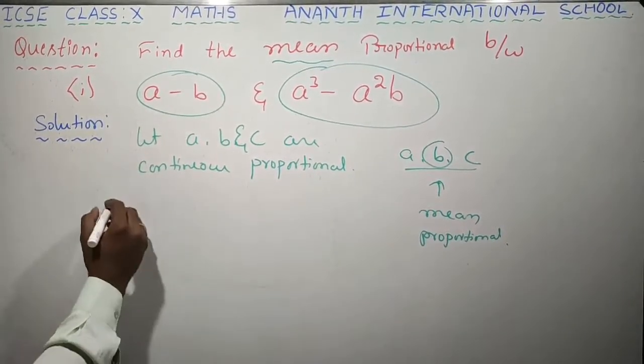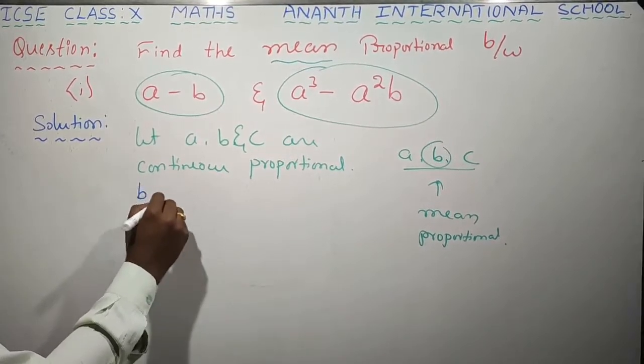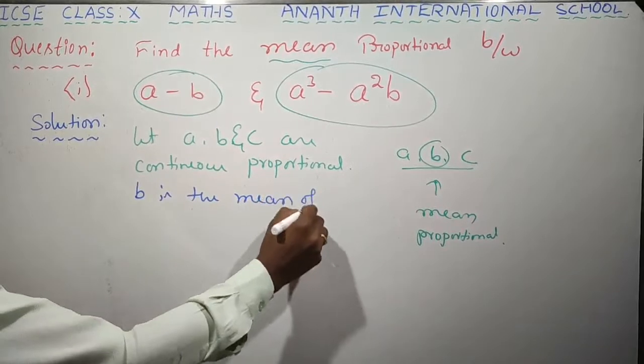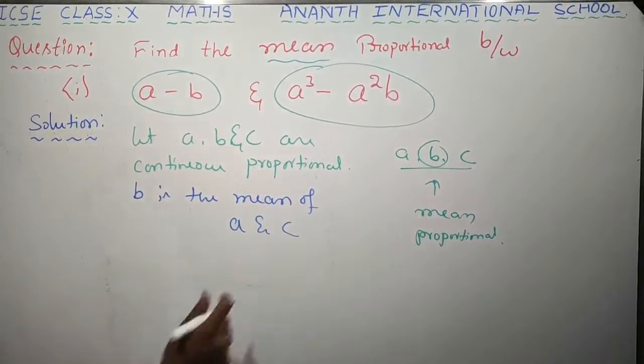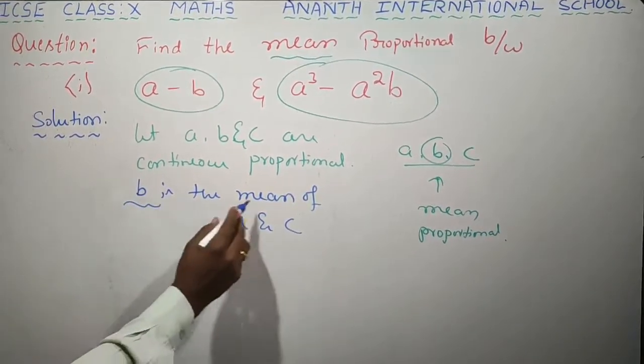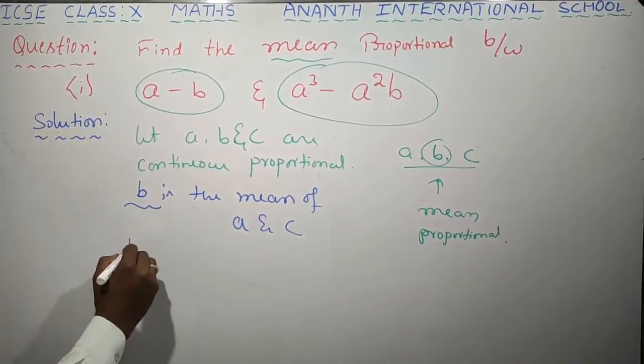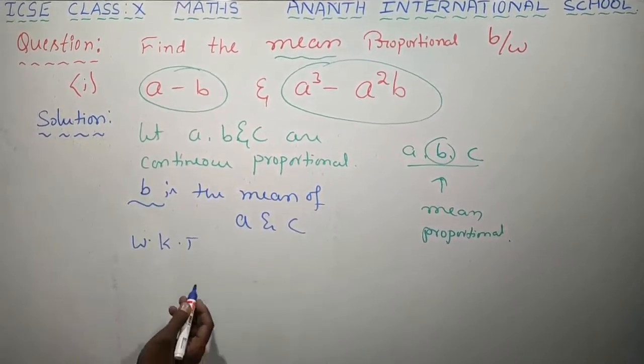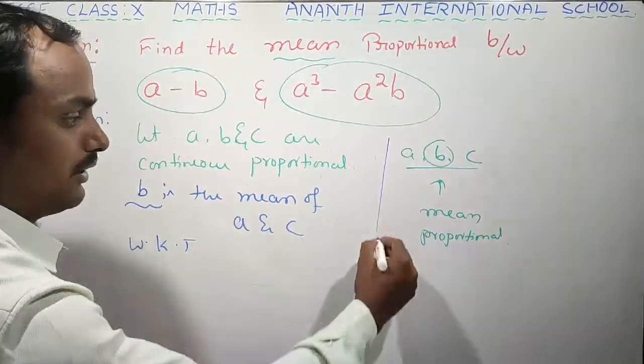Now you know that B is the mean of A and C children. B is the mean of A and C means we know the formula, mean square. How will it come? One more I will write here.